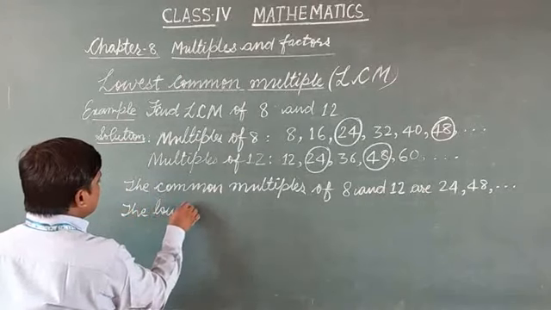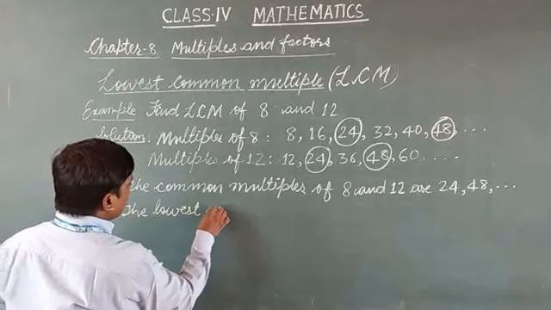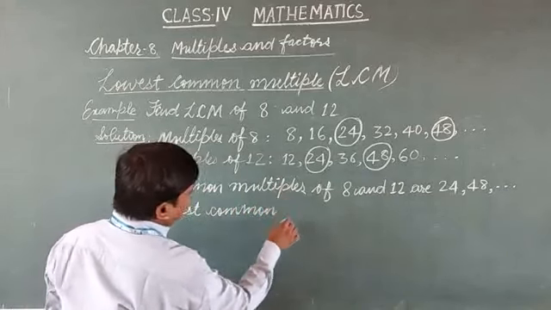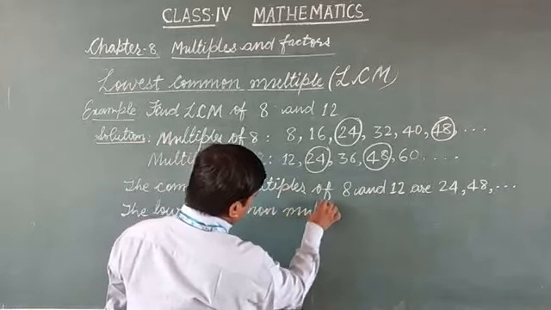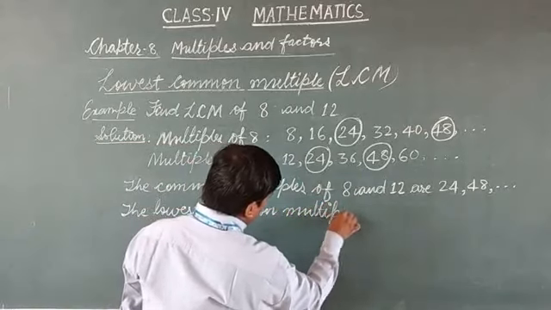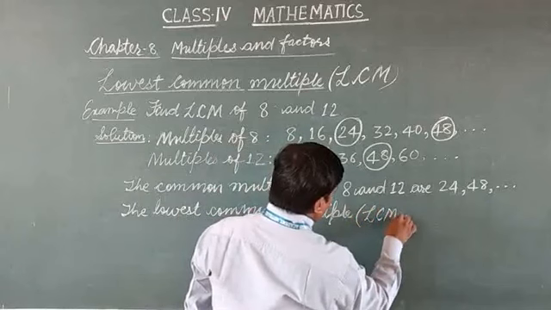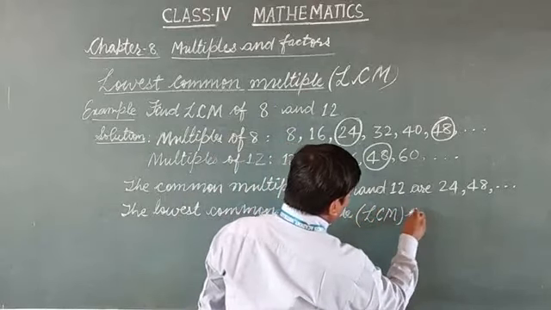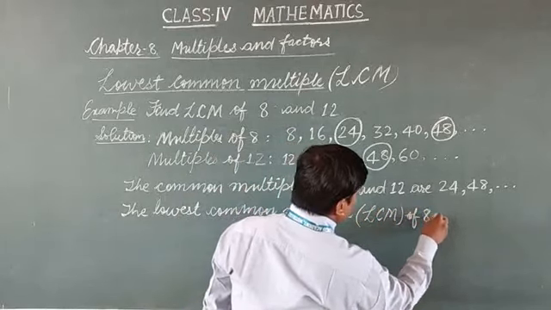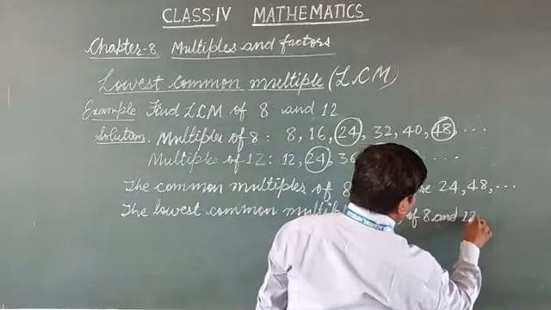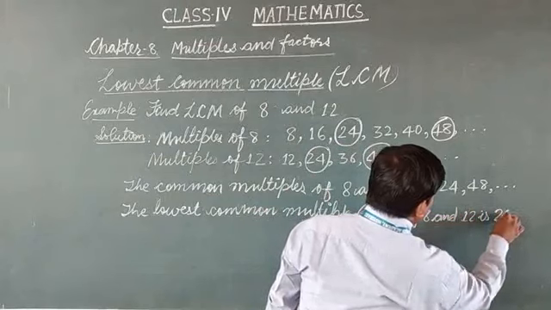Now, among these common multiples, the lowest common multiple or LCM of 8 and 12 is 24.